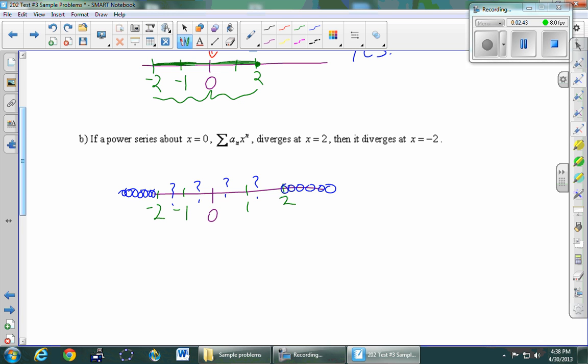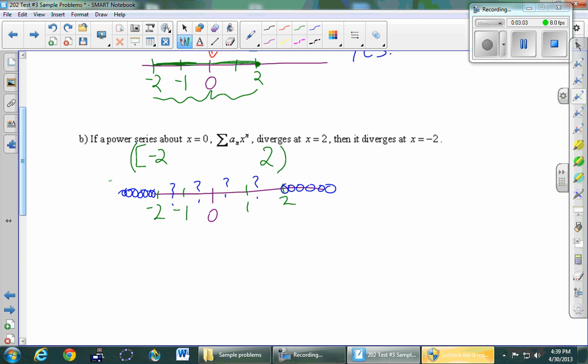Well, again, it's possible, I'll put in green here, it's possible that this series diverges at 2, but it actually converges at 1.999. And if 2 is really the end of the interval of convergence, that means that -2 is the other endpoint, and we don't know whether -2 is convergent or divergent.